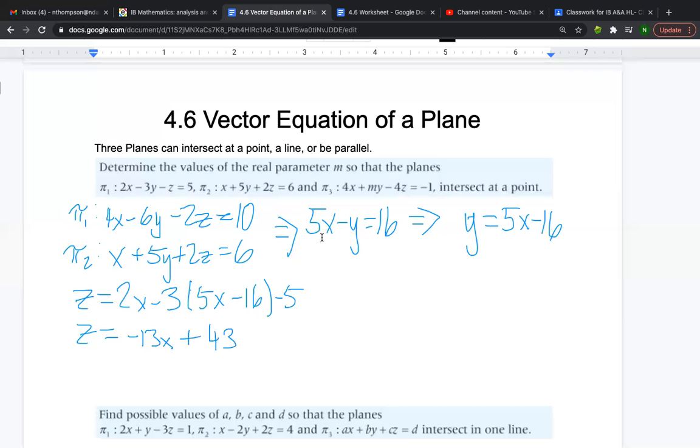But I'm going to go ahead and jump ahead to the equation, which would be r equals negative 16j plus 43k plus lambda times all the ones that would be associated with the x. So I would have just 1, 5, and negative 13.